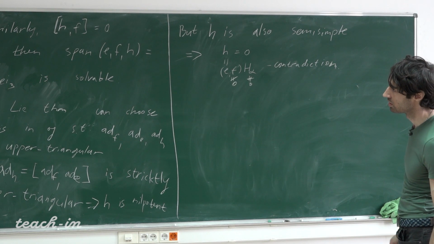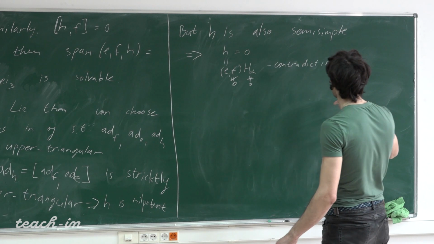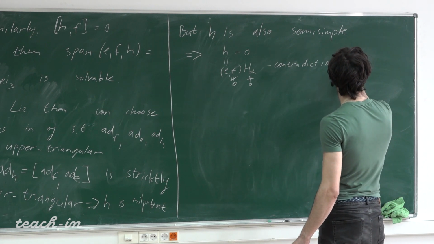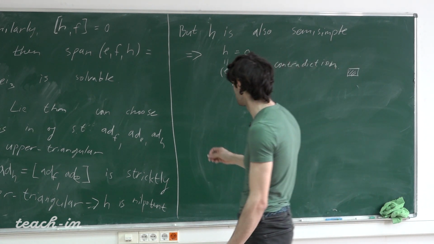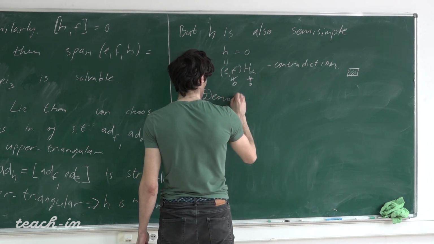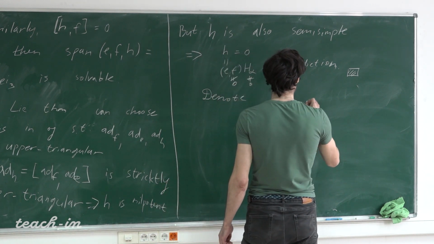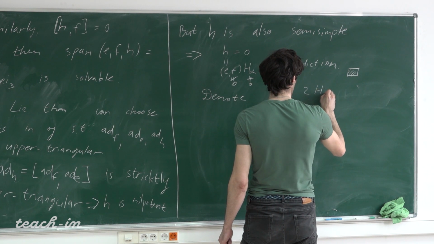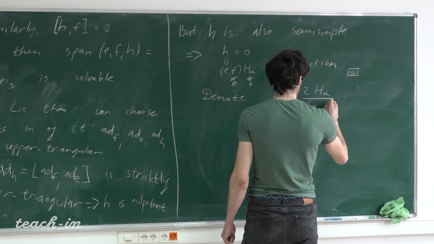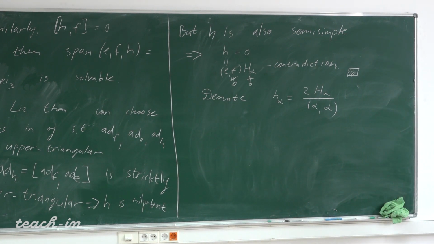So we proved the lemma, and now we can divide by alpha and define the following element h small. So denote h alpha small to be 2h capital alpha divided by the norm, let's call it the norm, although we don't have an inner product yet.